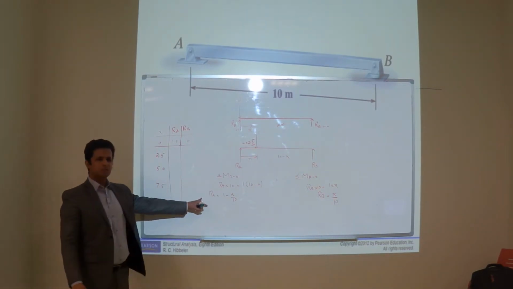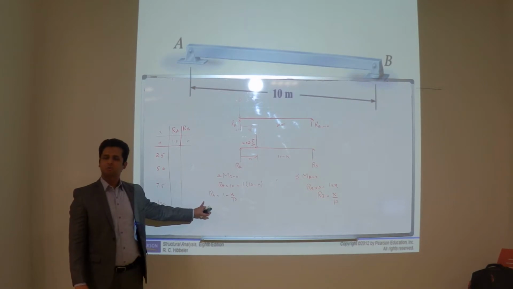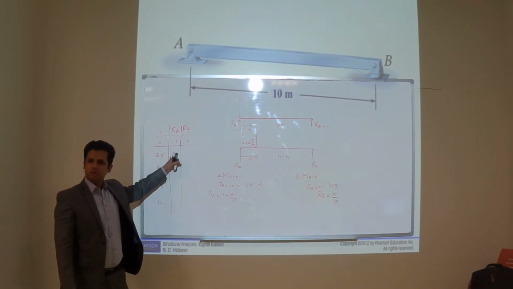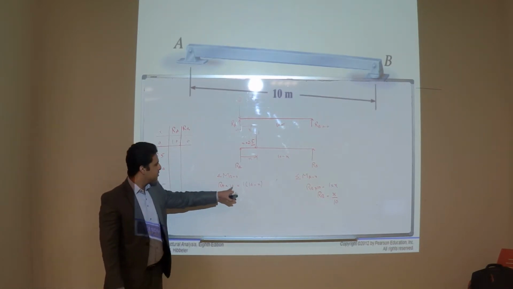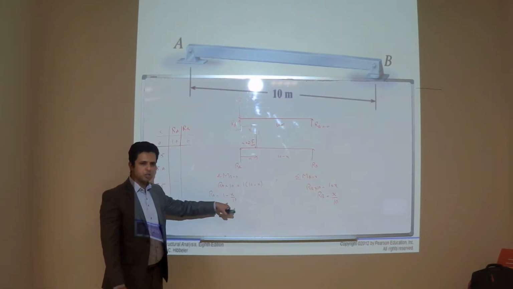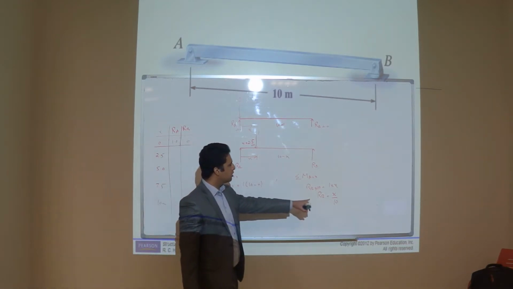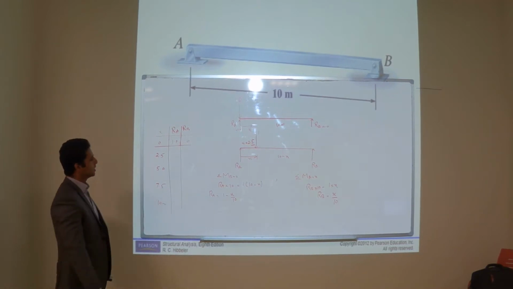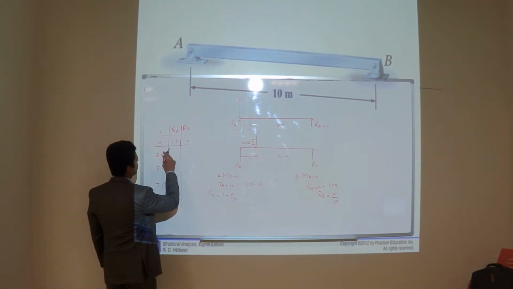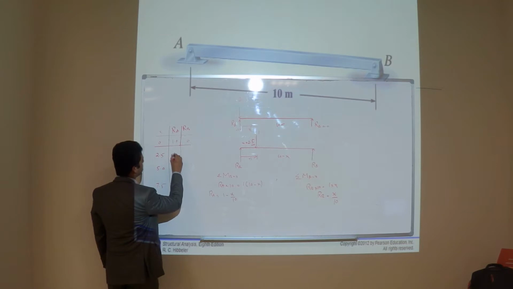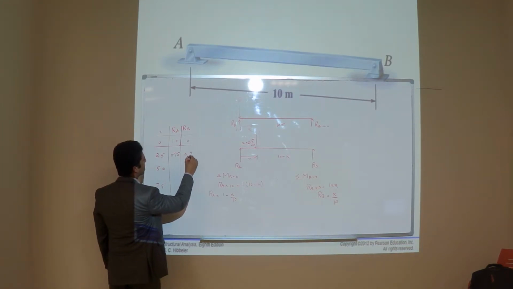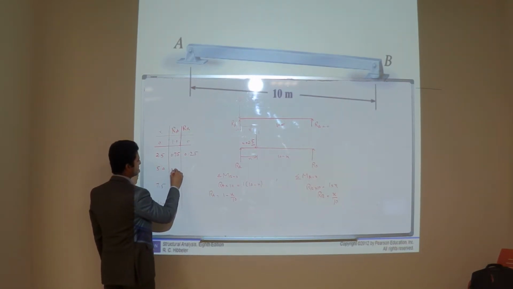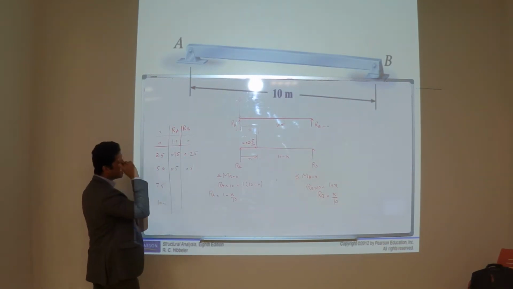That is the easiest way to find the values. Now just put x equal to 2.5 in this equation and you will get RA, and in this one you will get RB. So when x is 2.5, how much is RA? 0.75. Okay, good. And what about RB? 0.25. See, it makes sense.